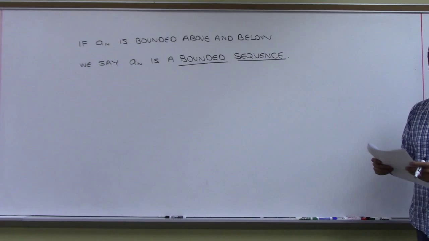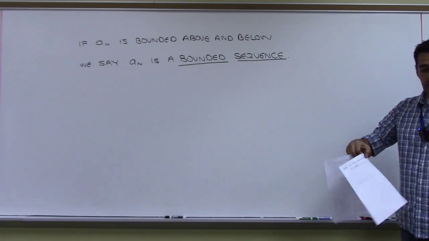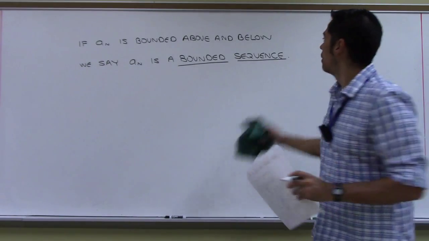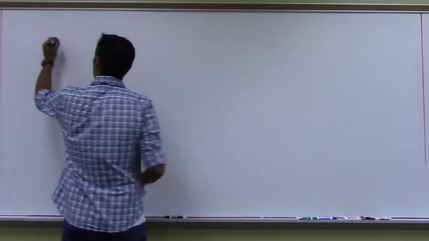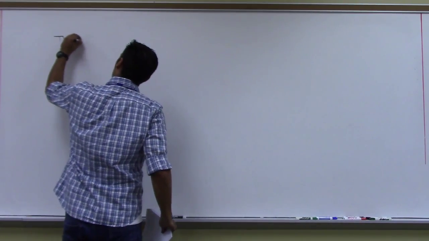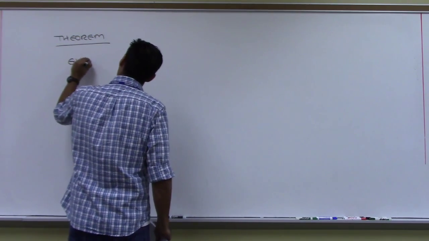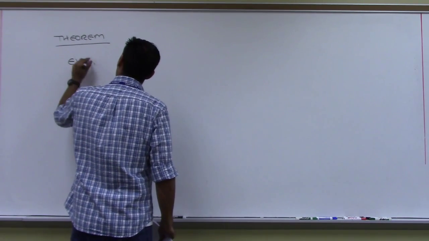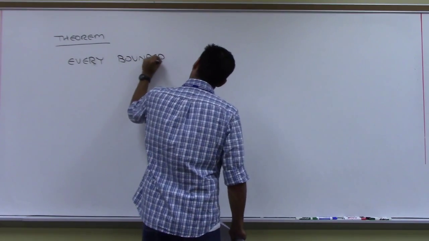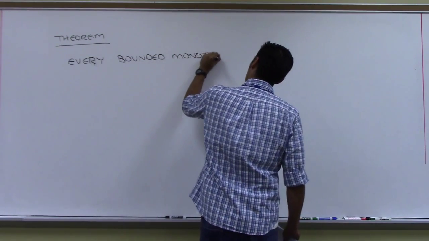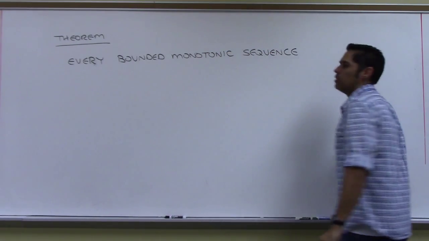And that leads us to the monotonic bounded sequence theorem. This is the last theorem of the section. Every bounded monotonic sequence, what?